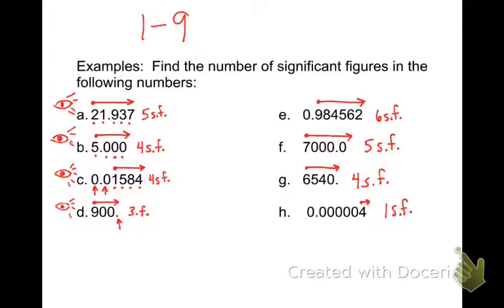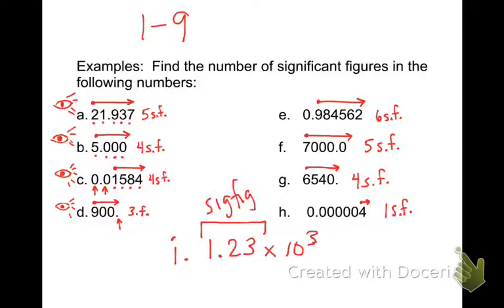So one thing that I do want to show you would be what happens if we have scientific notation. So let's just say this was our scientific notation. The numbers that are written out here prior to the 10 and the exponent, those are all considered significant.